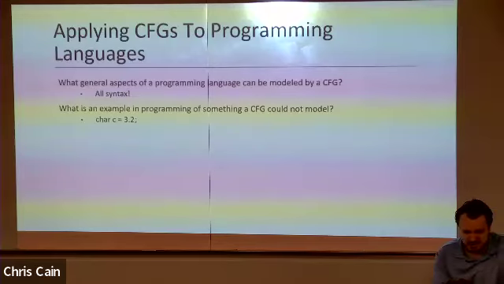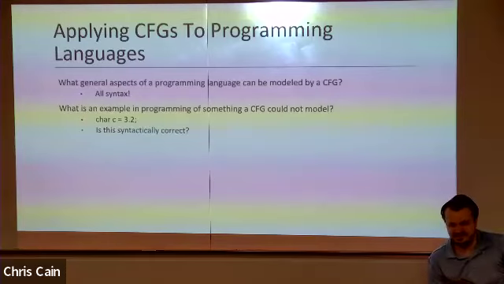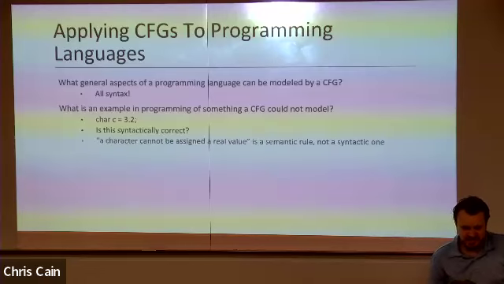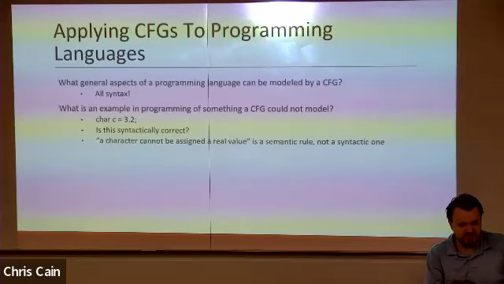char c = 3.2. First of all, is this syntactically correct? It is. This is a syntactically correct statement. We have a rule: we cannot assign a character variable a real value. That is a semantic rule. What we have here is a legal expression.